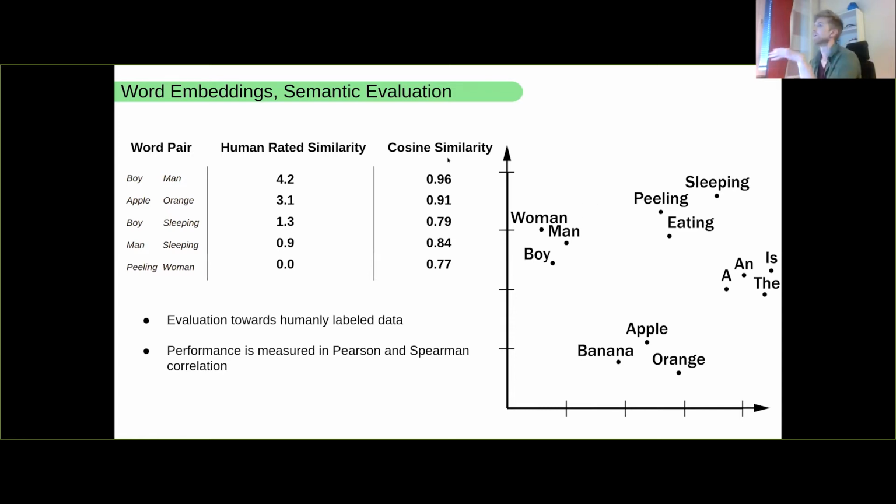So if we have, for example, the cosine similarities here, we would rank them and say that yes, boy and man rank number 1, apple and orange rank number 2. Then we find man and sleeping as number 3, and so on. And we take the Pearson correlation of the rankings.